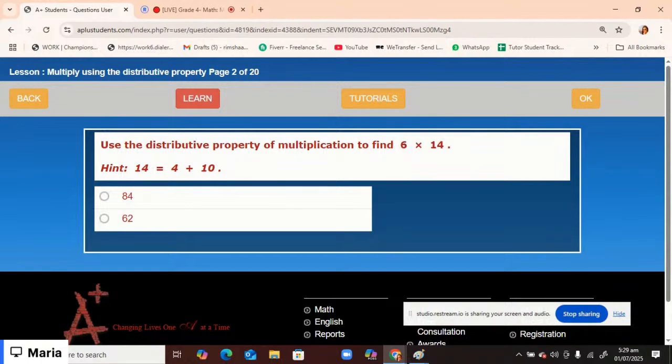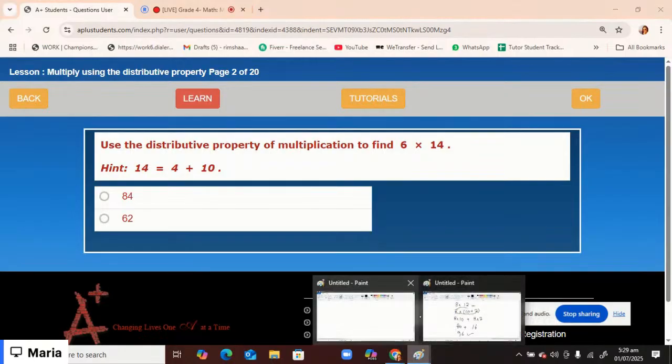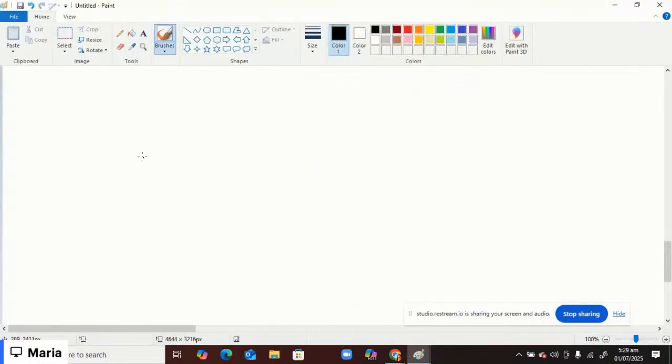Use the distributive property of multiplication to find 6 times 14. 6 times 14, and they also gave you the hint 4 plus 10.